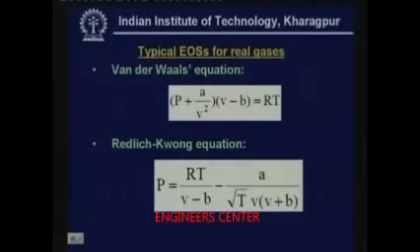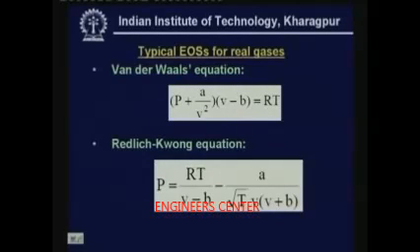It can be shown that for a particular gas the constants A and B are related to the critical properties. That means you can express A and B in terms of the critical temperature, critical pressure and critical volume. The next equation of state is the Redlich-Kwong equation. If you compare, this is slightly different from the van der Waals equation.